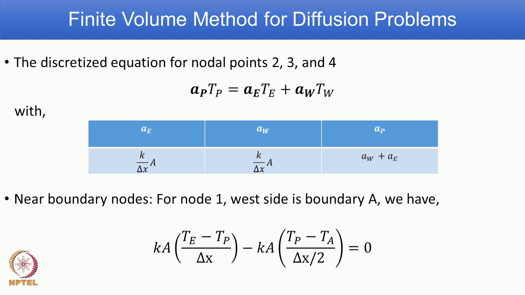For node 1, the right side, that is east, is available. Hence, for node 1, this is written separately: K A into T e minus T p by delta x, whereas on the other side it is the boundary condition, T p minus T a, which is the boundary condition, and the distance is delta x by 2.